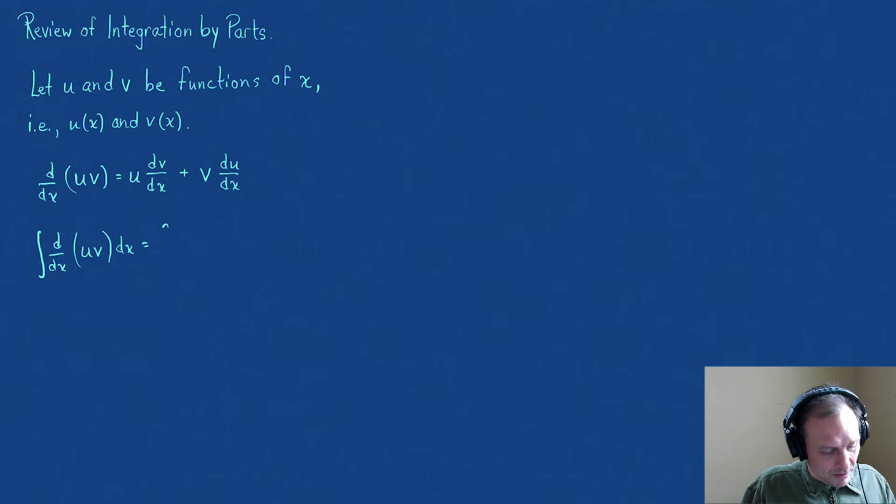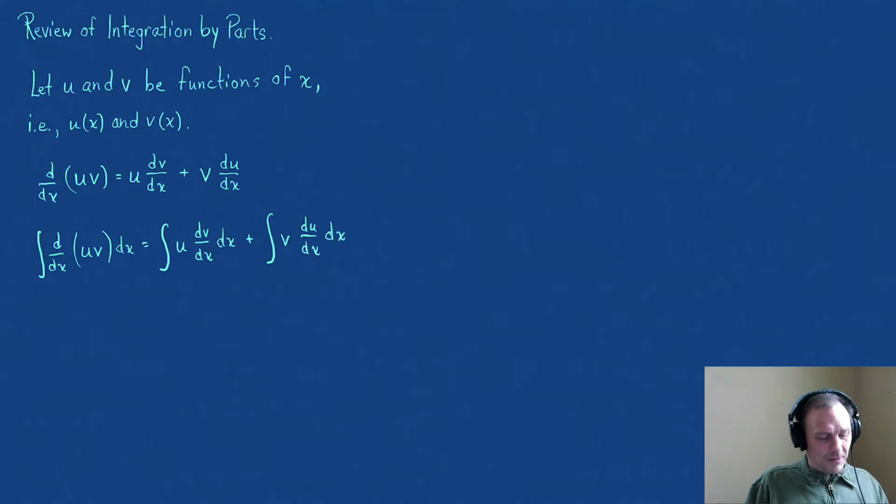So I can write this as the integral of u dv dx plus the integral of v du dx.